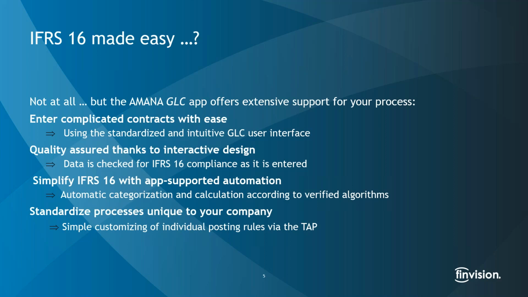Unfortunately, this can be quite complex because contracts can have different features, such as extension options and termination options. You can have multiple modifications of a contract during a year, and then it becomes a bit difficult to manage that through, for example, Excel.